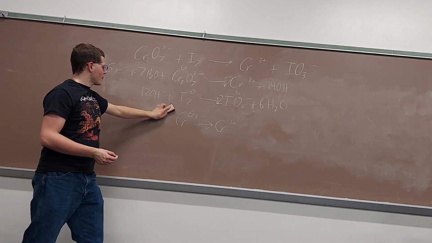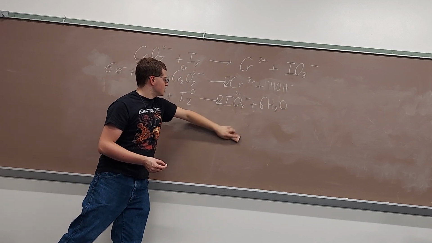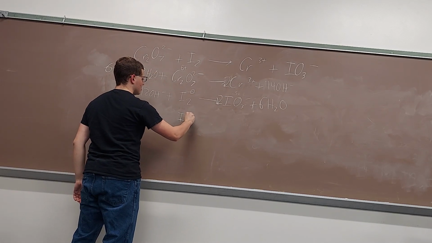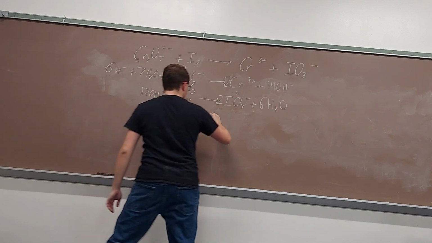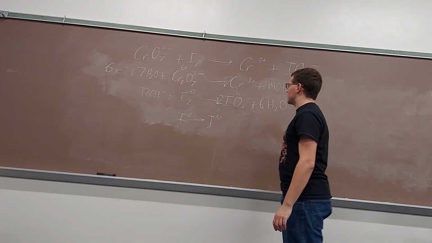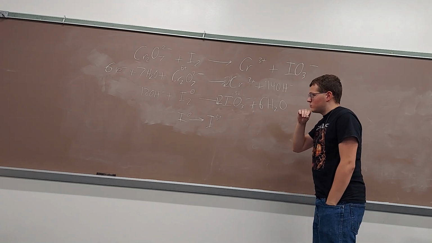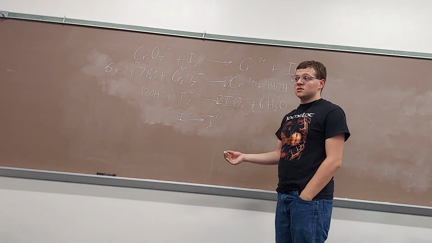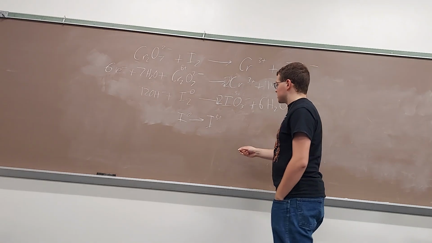Okay. What about our I's? All right, our I's, we have I0 going to I5+. Great. All right, I5+. Well, in that case, this is going to be an oxidation. We are losing electrons, okay?